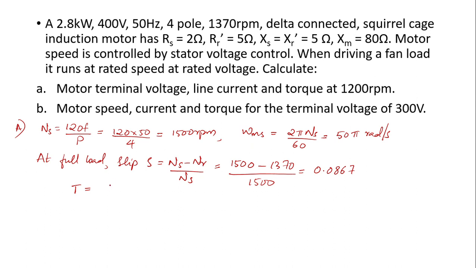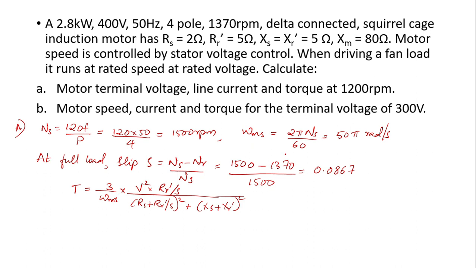So I'm going to use that equation, that is 3 by omega ms into V square into Rr dash by s, whole divided by (Rs plus Rr dash by s) square plus (Xs plus Xr dash) square.